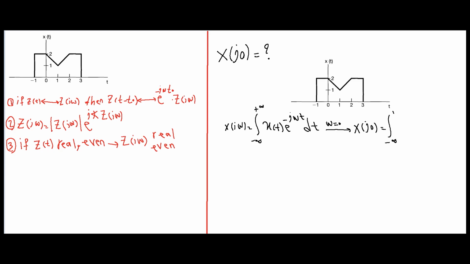If we set ω equal to 0, then the value of the Fourier transform at 0 frequency becomes the integral from minus infinity to plus infinity of x(t), because e^(-j0t) is equal to 1. If you pay attention, this integral is actually the area under the curve of the signal x(t).